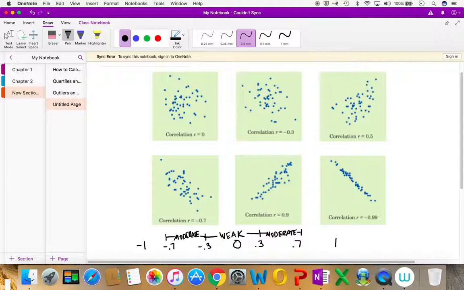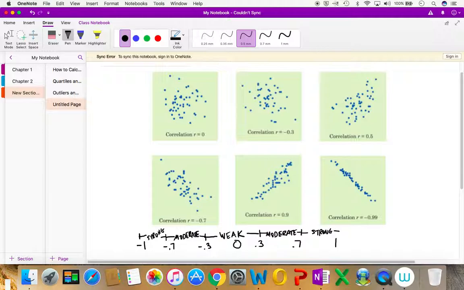And then last but not least, from negative 0.7 to negative 1, and then 0.7 to positive 1, we would say it's strong. And really, it's that last category, when your variables are strong, that is when you want to use regression and what we're going to call the line of best fit in the next video.